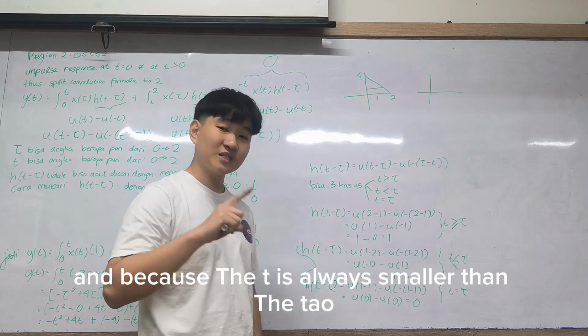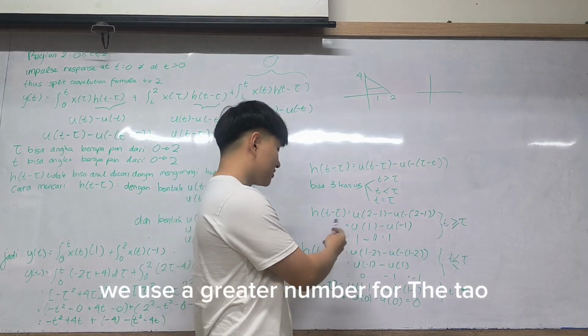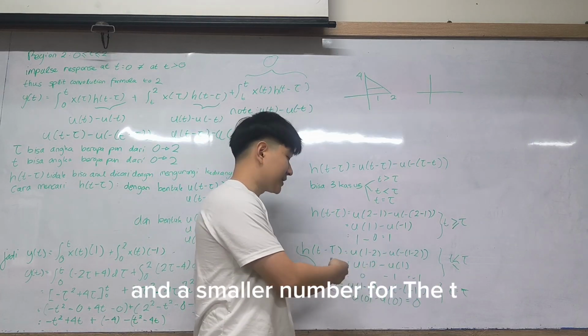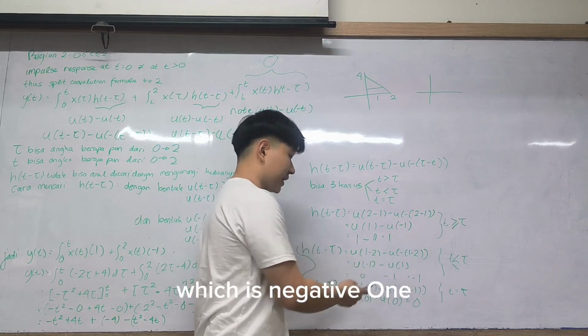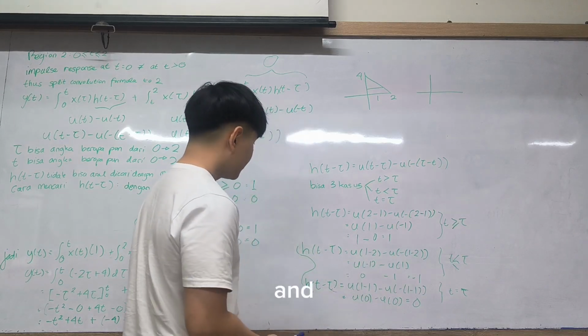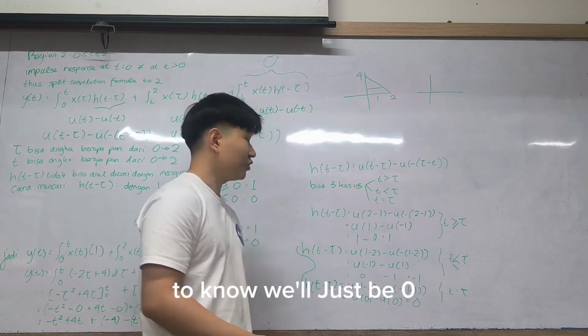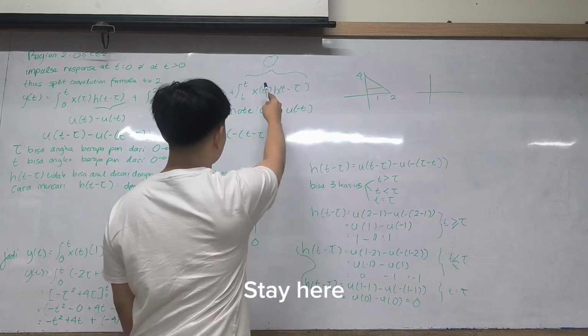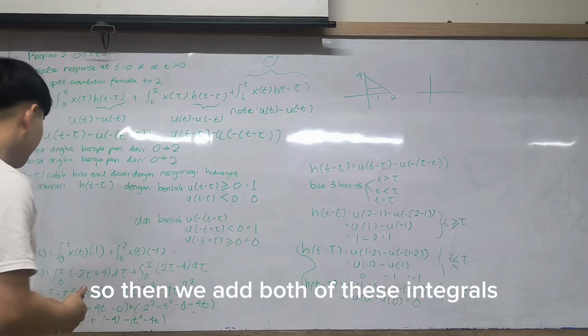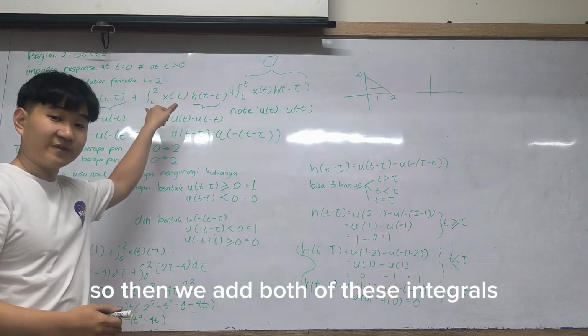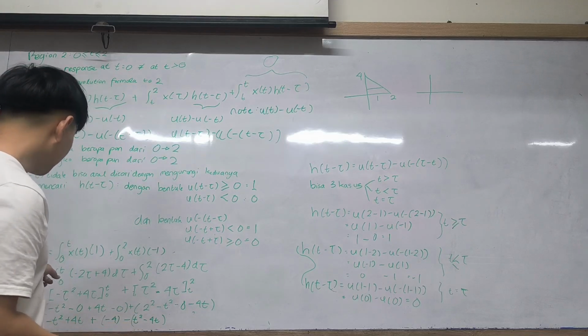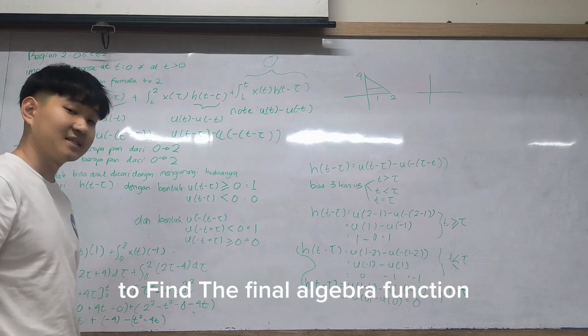And because the t is always smaller than the tau, we use a greater number for the tau and a smaller number for the t, which is -1. And yeah, again, for the scenario where t is equal to tau, it will just be 0. Same here, 0. So then we add both of these integrals to find the final algebraic function.